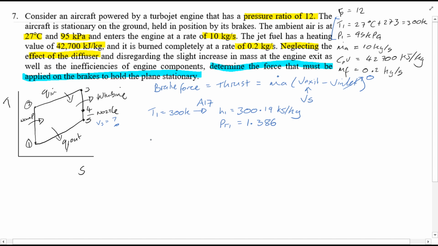Now of course, moving around the diagram, PR2 over PR1 is equal to P2 over P1, and P2 over P1 we know is equal to 12. So simply rearrange this. PR2 is equal to 12 times PR1, 1.386, and that will give you a value of 16.63 for PR2.